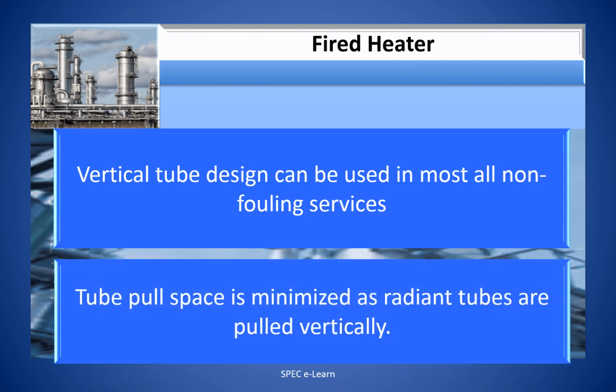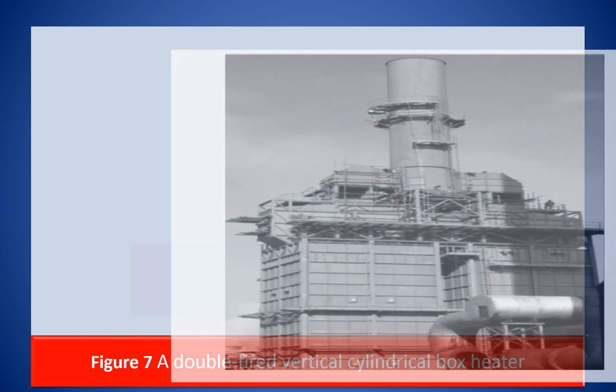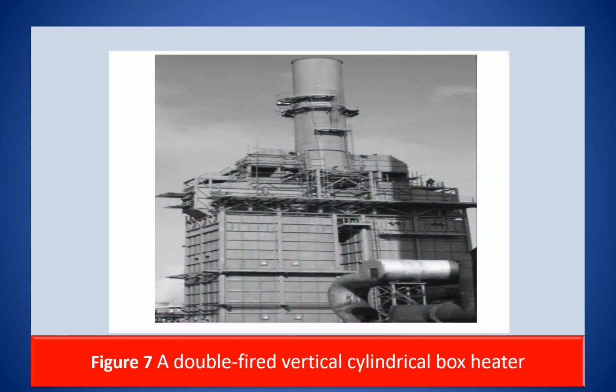Tube pull space is minimized as radiant tubes are pulled vertically upward. Shown in this figure is a double-fired vertical cylindrical box-type heater installed in a refinery.